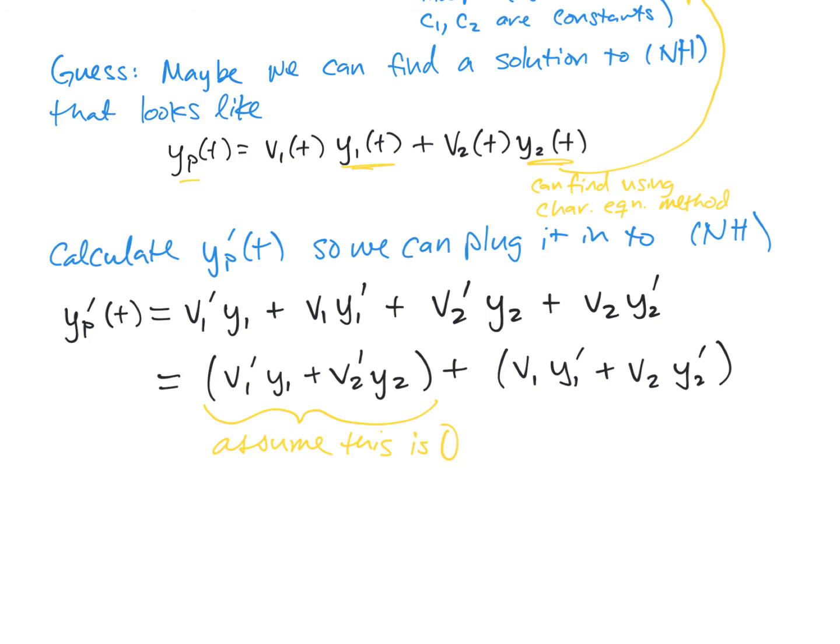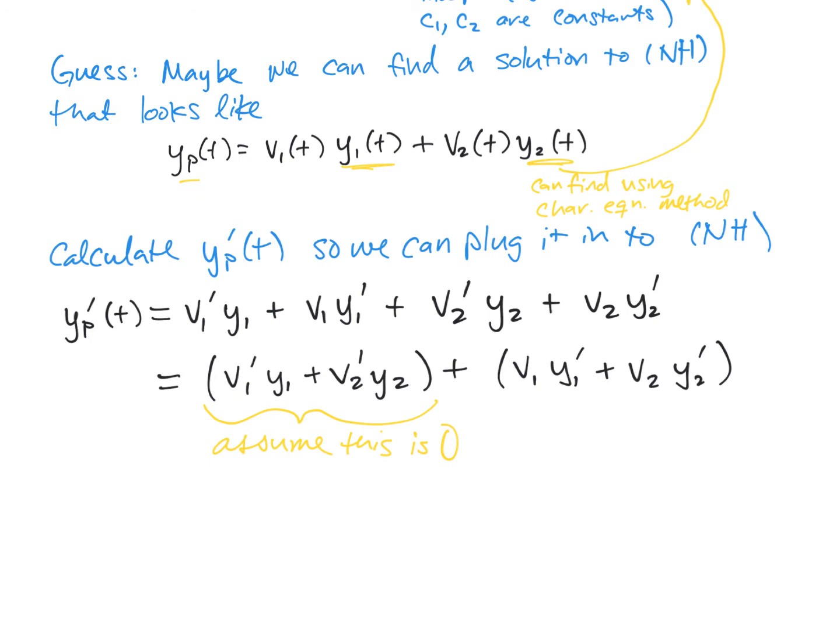So we're guessing that if we just simplify this down, then it'll be easier to calculate. And if it works and it gives us an answer, then that's great. And spoiler alert, it will give us an answer, or else I wouldn't be leading you down here. So we're going to assume this term is 0, which is going to simplify our calculations an awful lot.